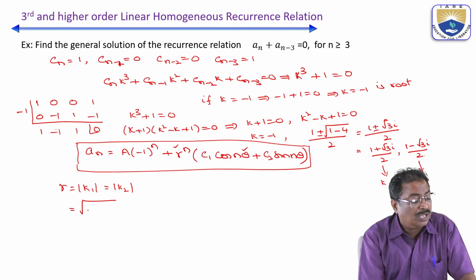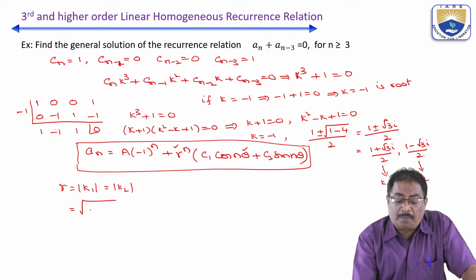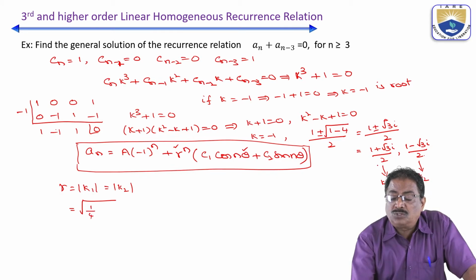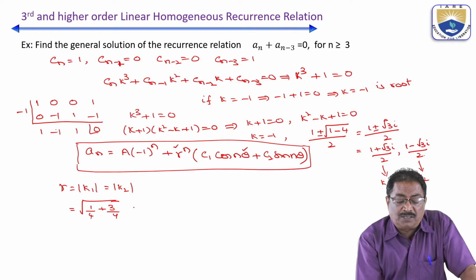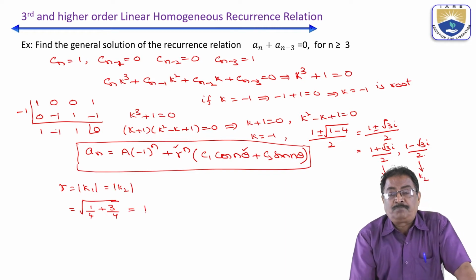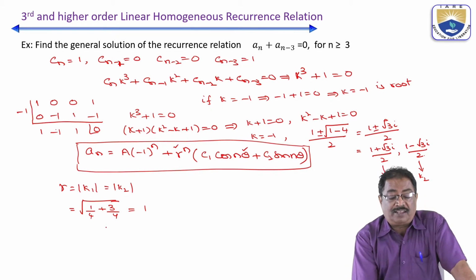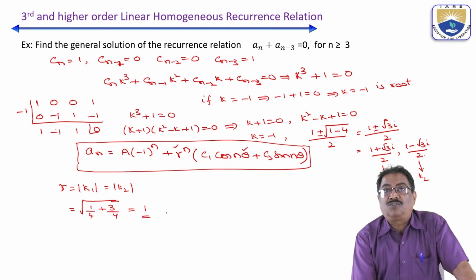Taking 1 by 2 squared, that is 1 by 4, and root 3 by 2 squared, that is 3 by 4. So it is 1 plus 3, which is 4 by 4, the root of which is 1. So I get the r value as 1.